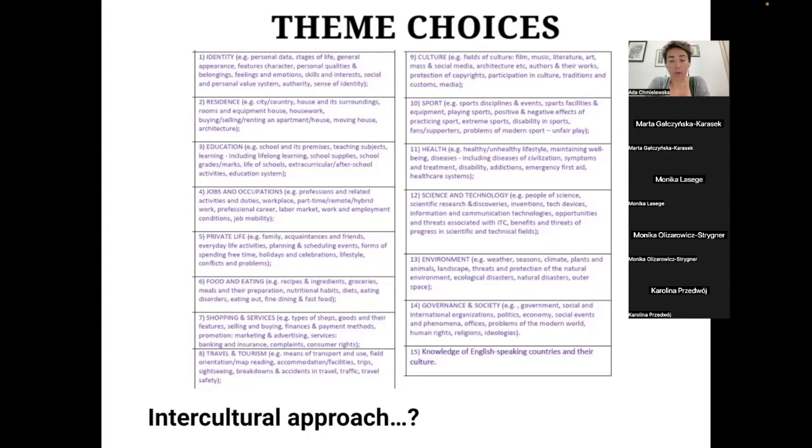So we all decided with the team that each of our modules will be placed in one of these areas.